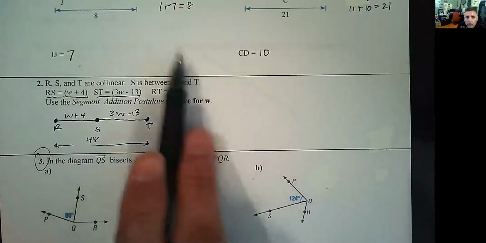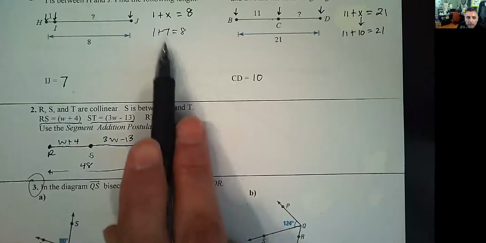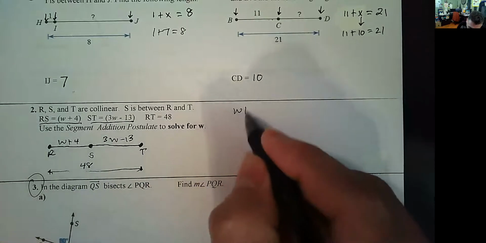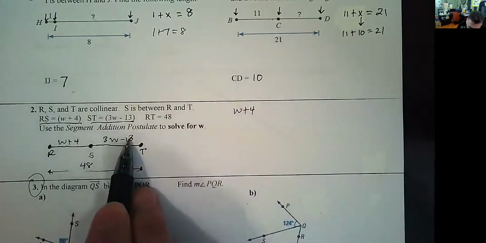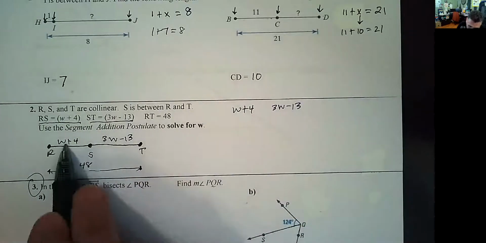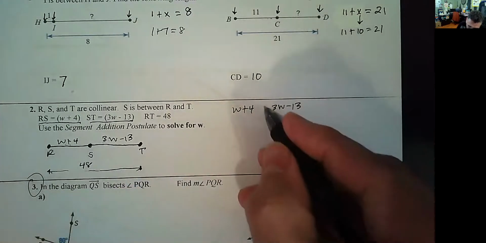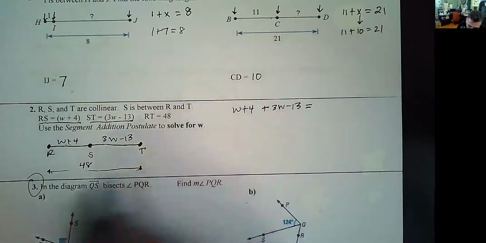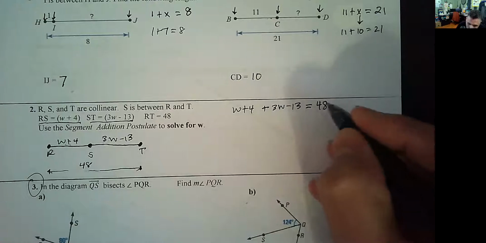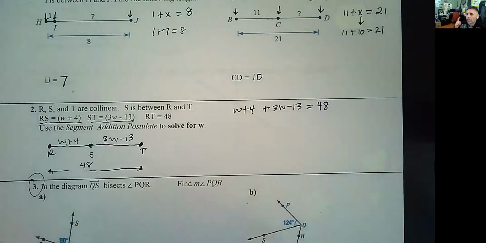What we're going to do is the same thing that we did up here. This piece, and then this piece. When I add these two pieces, it equals the entire piece put together, 48. Set up the equation, and then we're going to solve it.